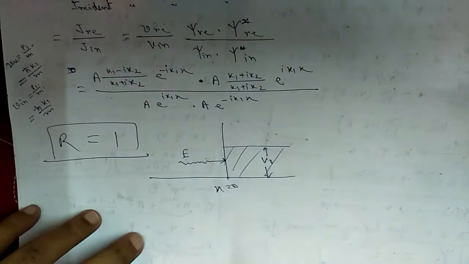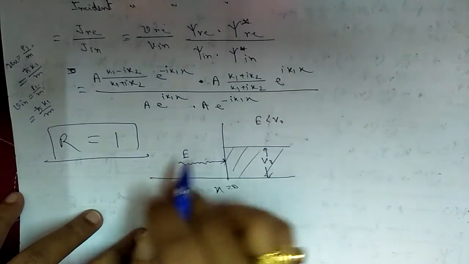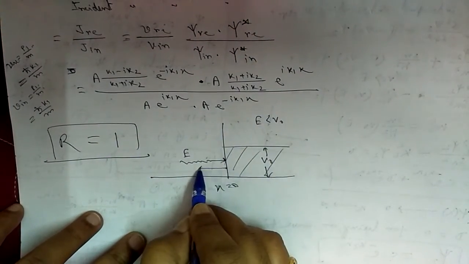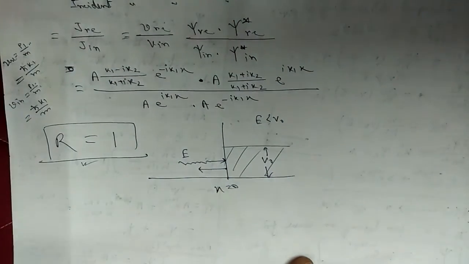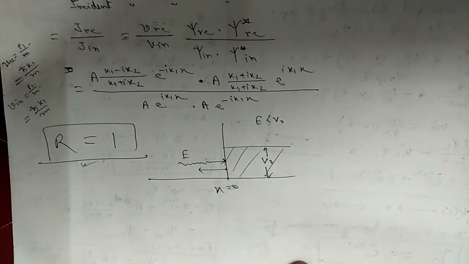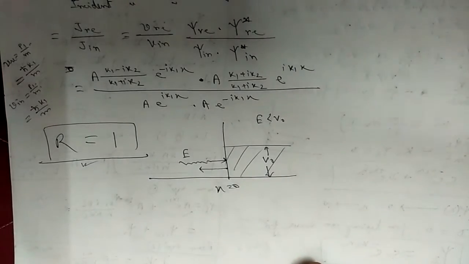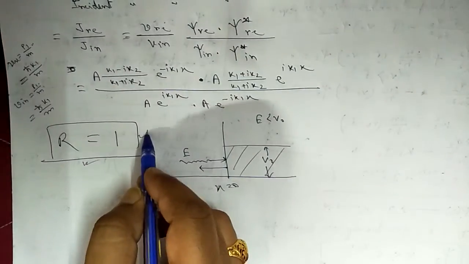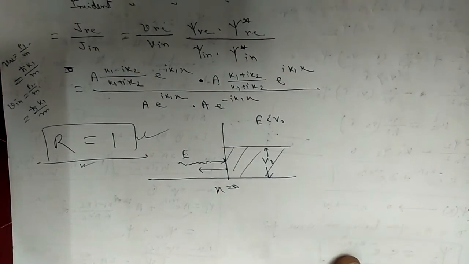If E is less than V0, that is, the barrier height is greater than the energy of the incident particle, the whole wave will be reflected back. That is why you are getting R equals 1. Classical mechanically, the result we get is exactly the same. That is, no wave function will be transmitted to region 2.